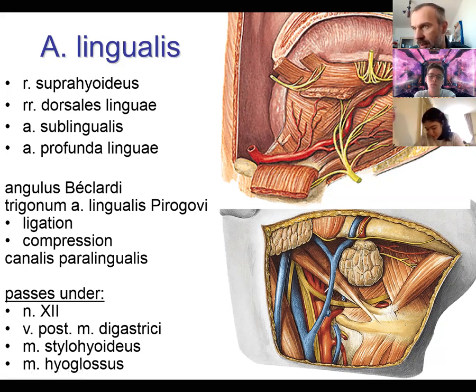The facial is here, running behind the posterior belly of digastric and stylohyoid, inside the gland or even behind the gland, and then here across the body of the mandible. This is the submental artery. And the ascending palatine we cannot see because it's branching behind these muscles.